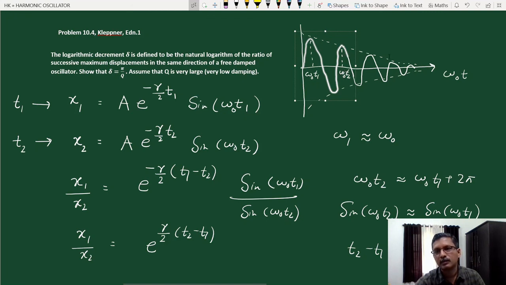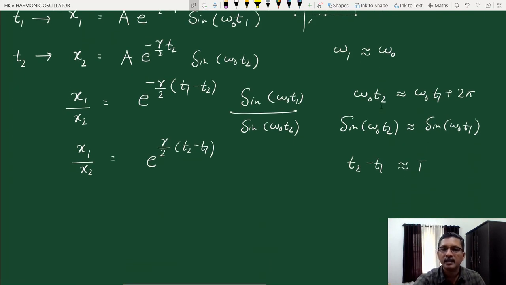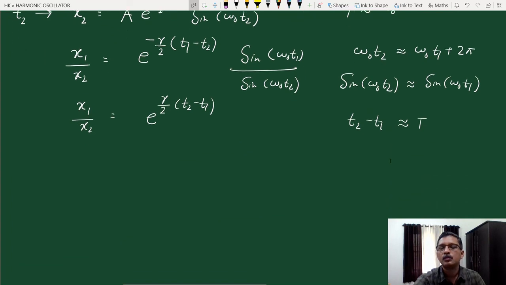The next two successive amplitudes need not have the same time interval. But in the case of low damping, this time interval is approximately equal to the time period of the undamped oscillator, which is 2 pi by omega 0, where omega 0 is the natural frequency of the undamped oscillator.